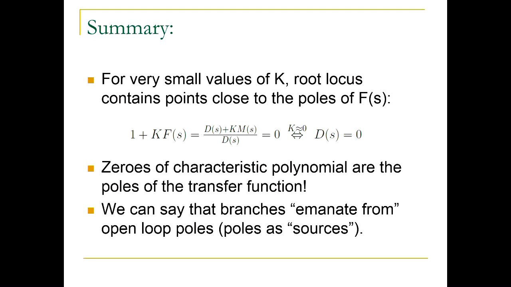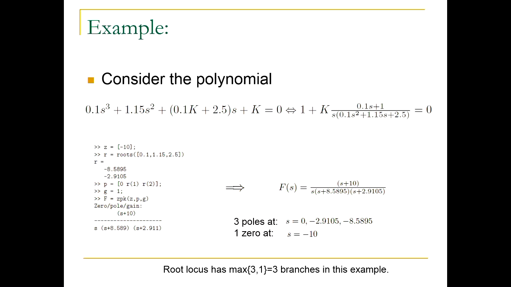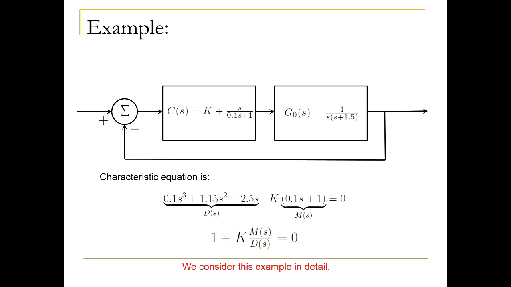If k is close to 0, then k times m is negligible. So the roots of this are the same as the roots of d of s equal to 0. And d of s equal to 0 gives me the poles of f, because f is m over d.